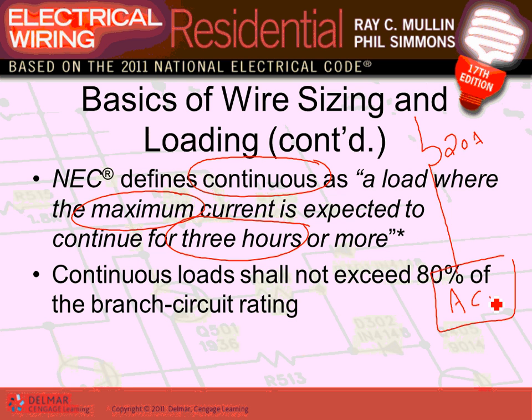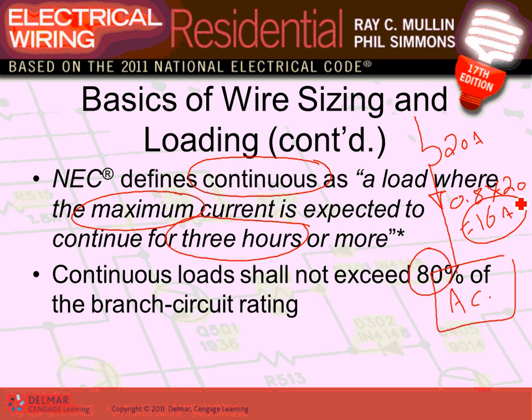Then how much current can I pull out of this circuit breaker continuously? Can you see the word 80% here? So 0.8 times 20 gives me what? 16 amps. So continuously, you shall not pull more than 16 amps out of this circuit breaker.